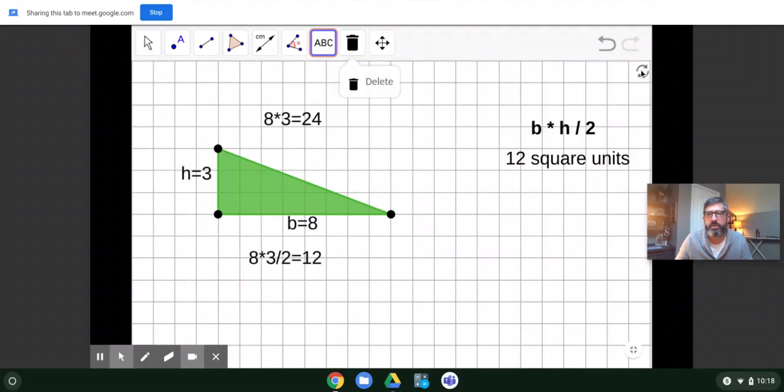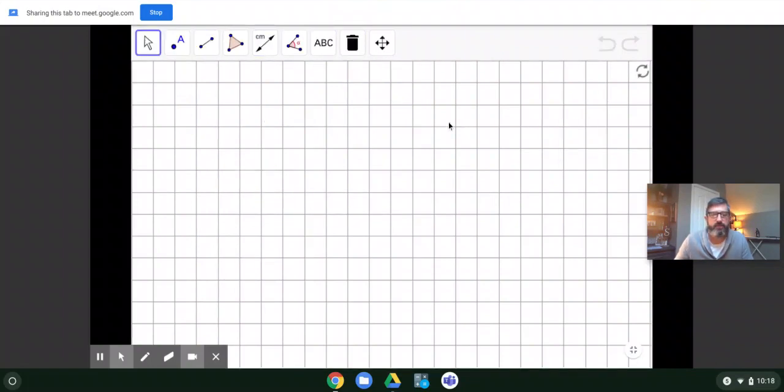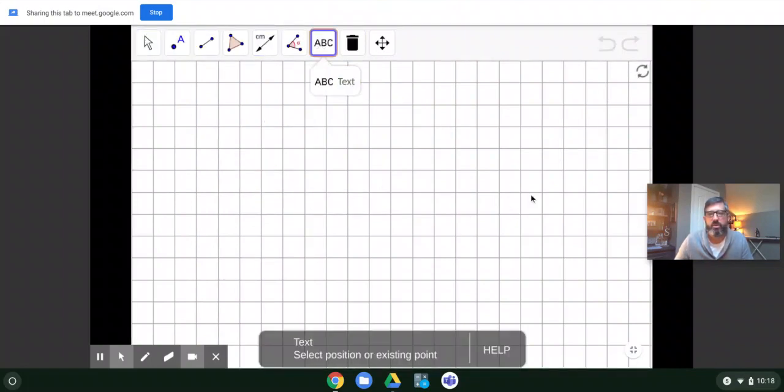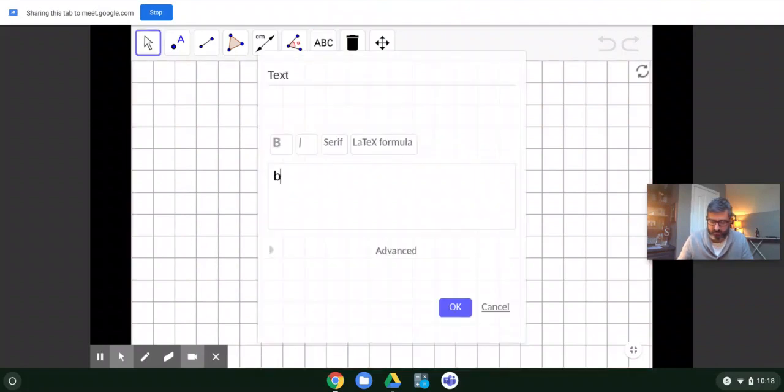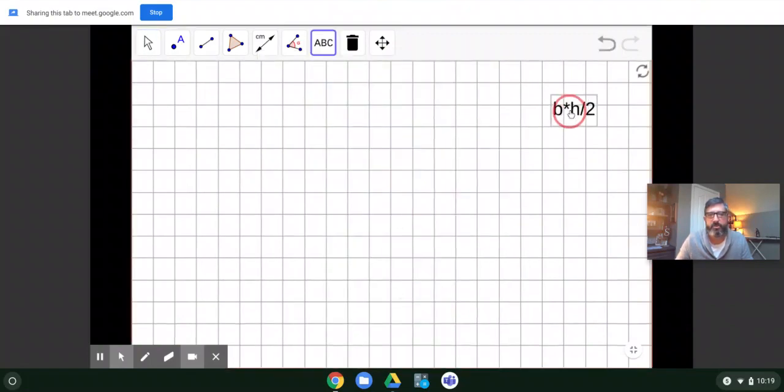All right, so let's try one more, and we're going to draw a triangle that does not have a right angle in it. So again, what is our formula for the area of a triangle? It is base times height divided by 2. Put that up there.